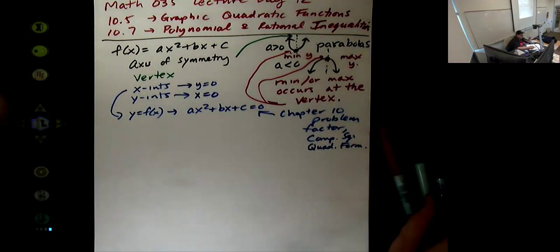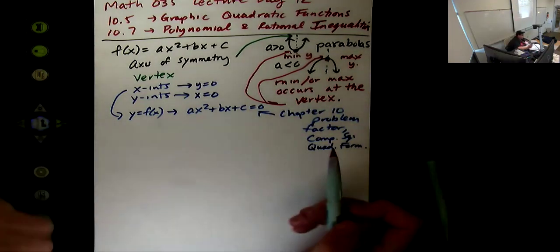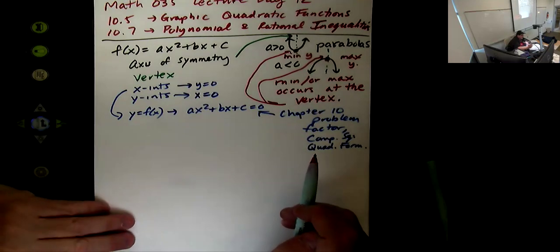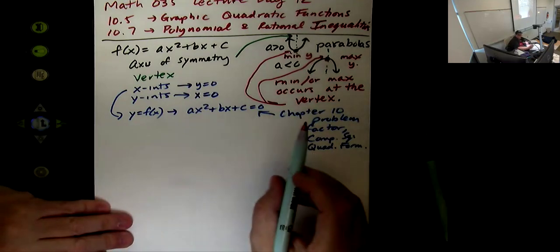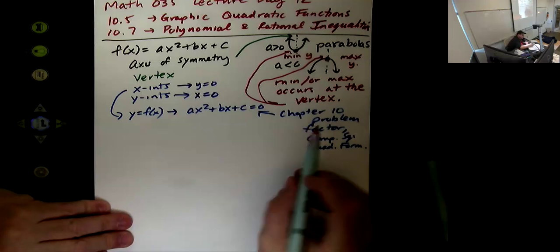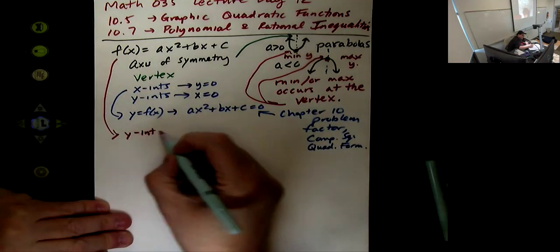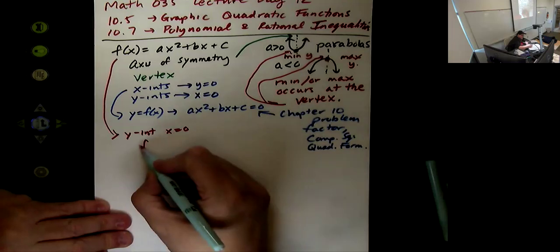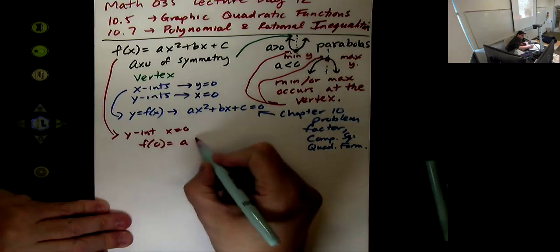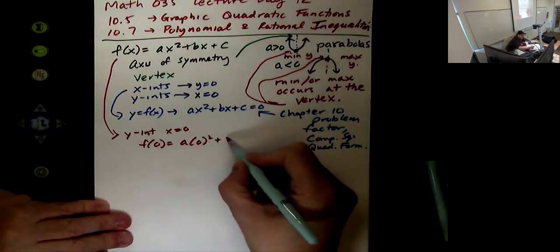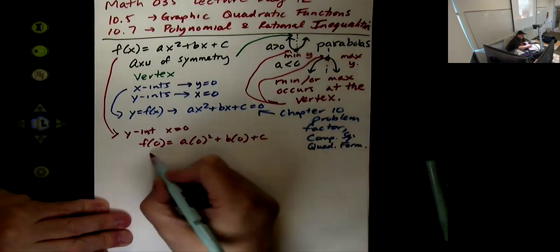The y-intercept is easy as pie in this form. Y-intercept is when x equals 0. So f of 0 equals a times 0 squared plus b times 0 plus c.